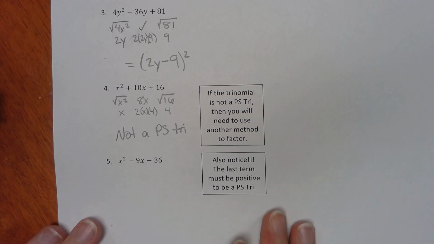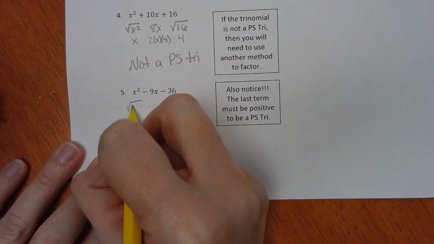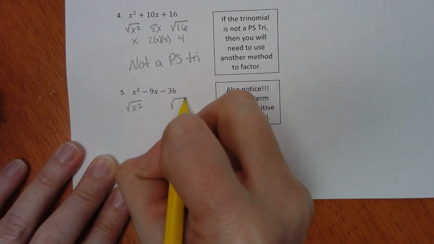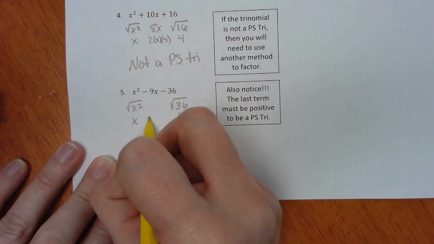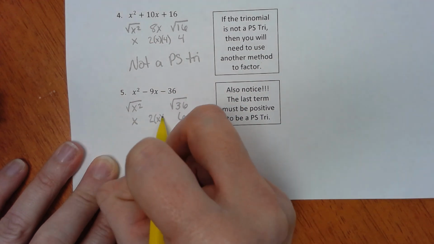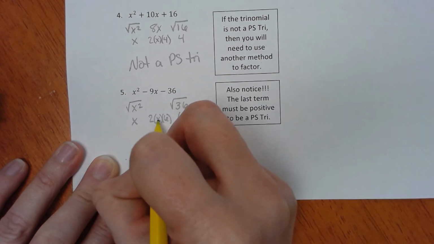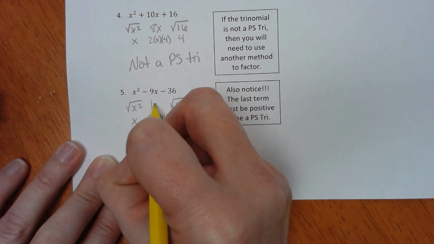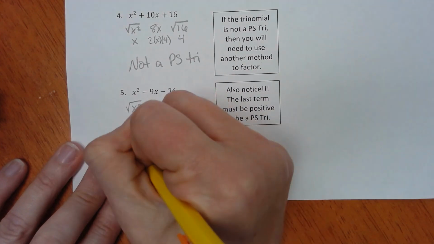Our last one now for the perfect square trinomial, again, checking that first term, taking the square root, and last term, we get x and 6. And we notice again, 2 times a times b, that does not equal what we needed. 2 times x times 6, that actually gives us a 12x. So again, not a perfect square trinomial.